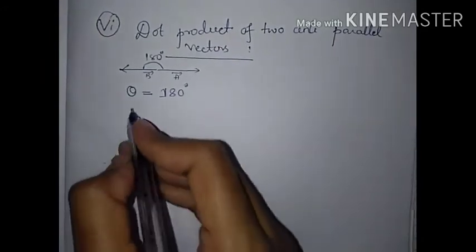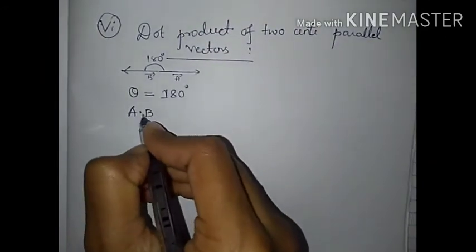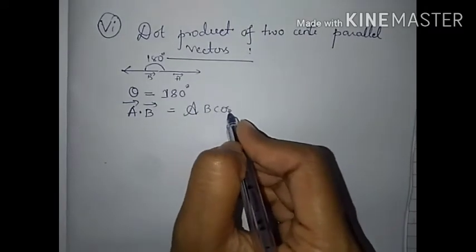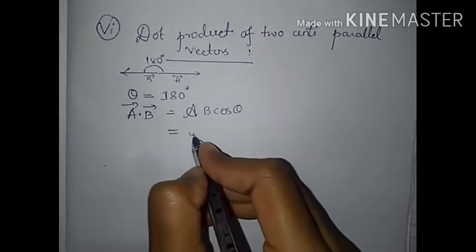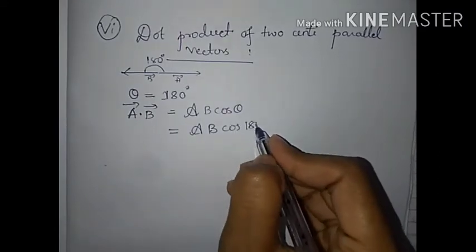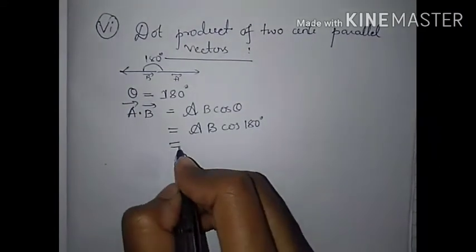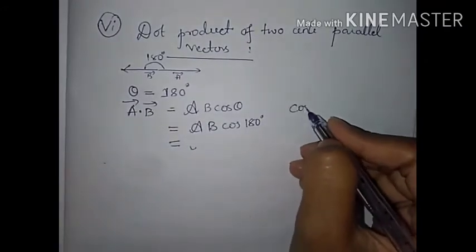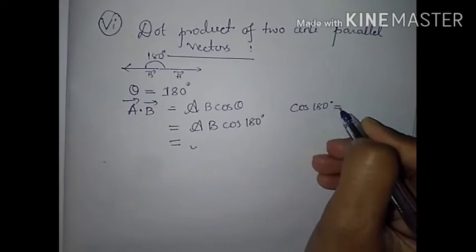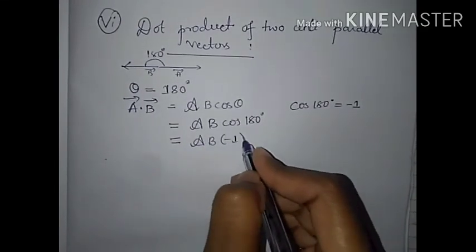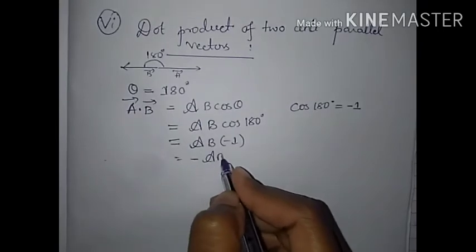So that means A dot B can be written as AB cos theta. That gives AB cos 180 degree. Cos of 180 degree is minus 1. So you get AB times minus 1, that is minus AB.